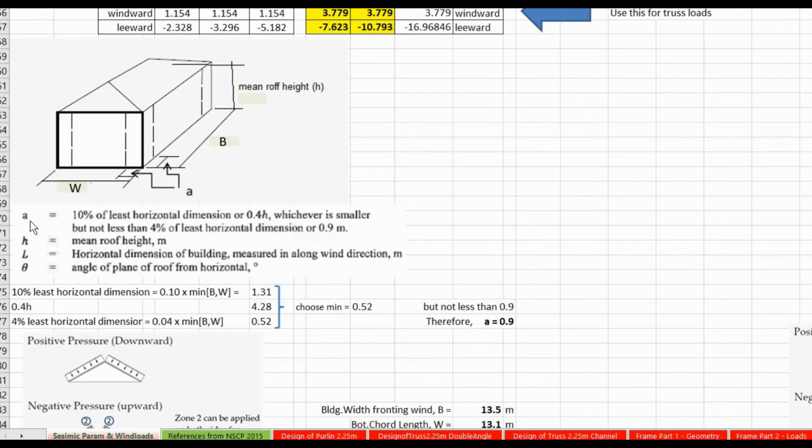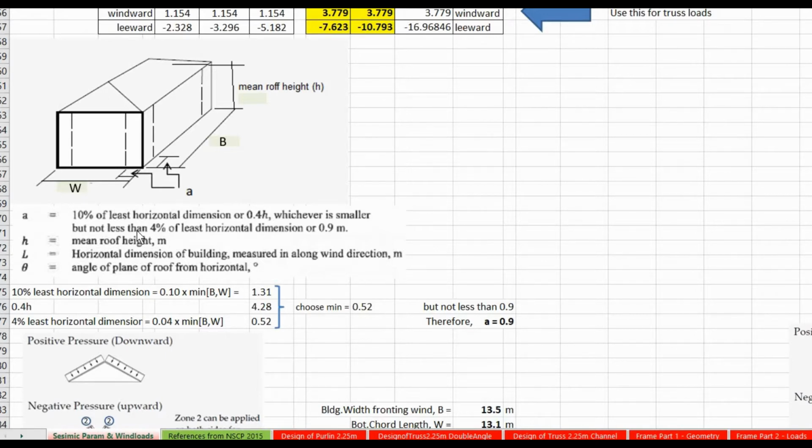A is equal to, ito yung critical region. Okay, A is 10% of least horizontal dimension or 0.4h, whichever is smaller, but not less than 4% of least horizontal dimension or 0.9.